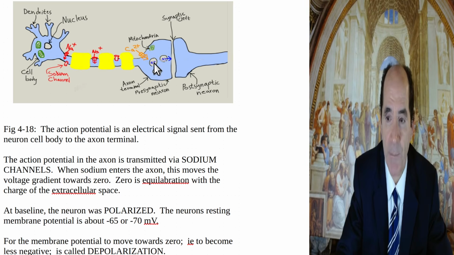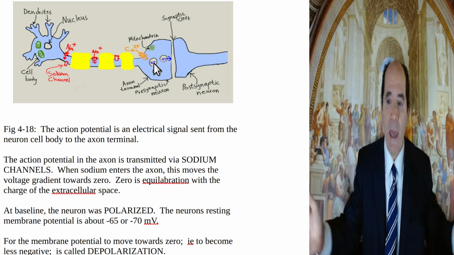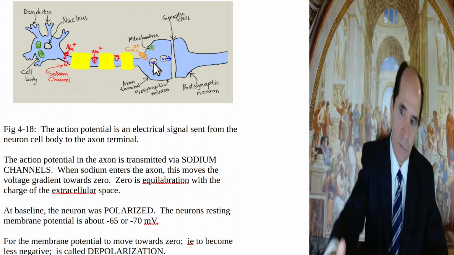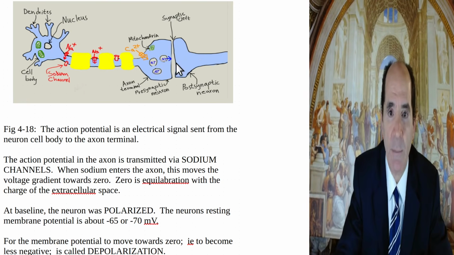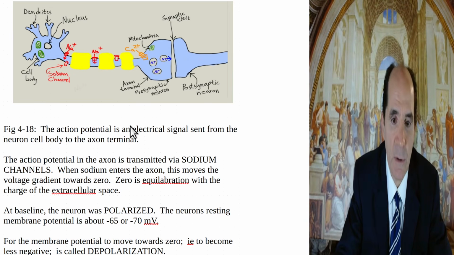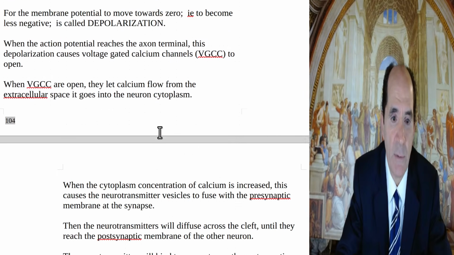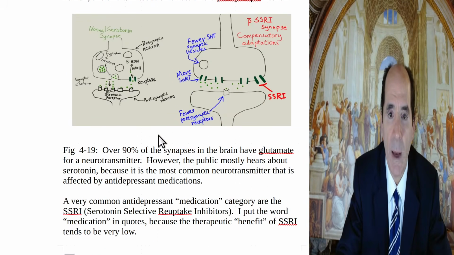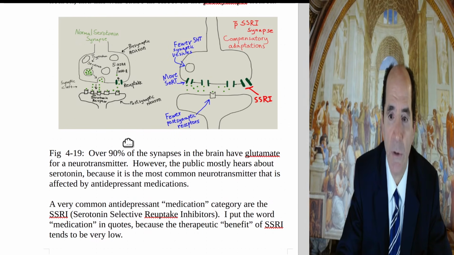Calcium comes into the axon terminal. So remember that calcium is the final accelerator step to say, yes, release neurotransmitter. You need to know that calcium is the final signal that, yep, it's time to release that neurotransmitter through the VGCC.